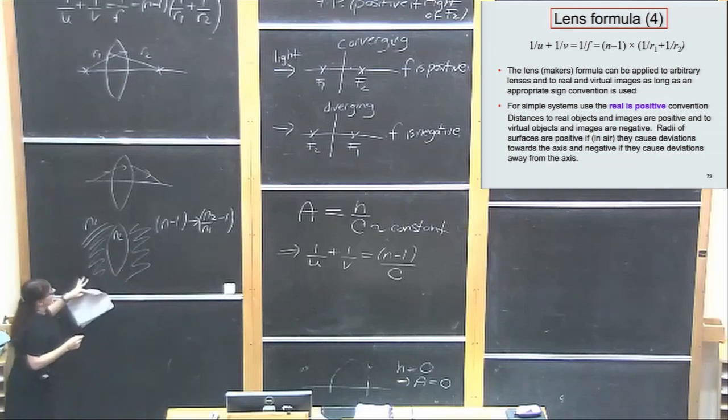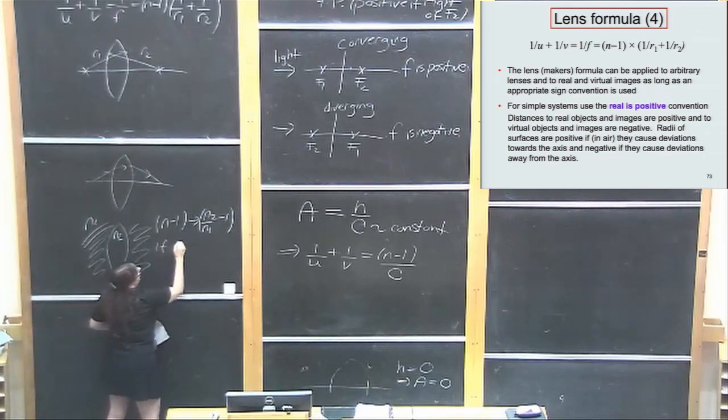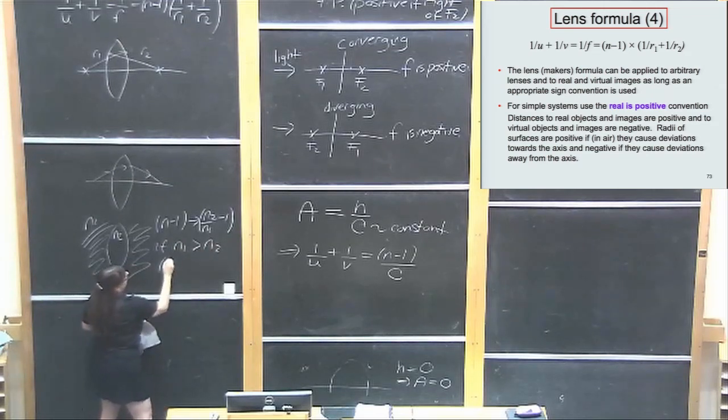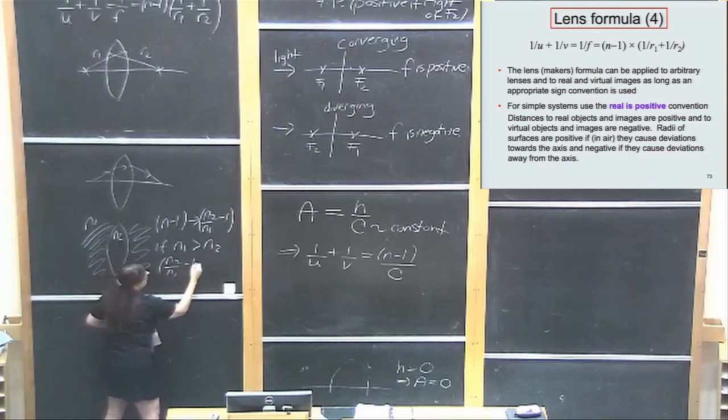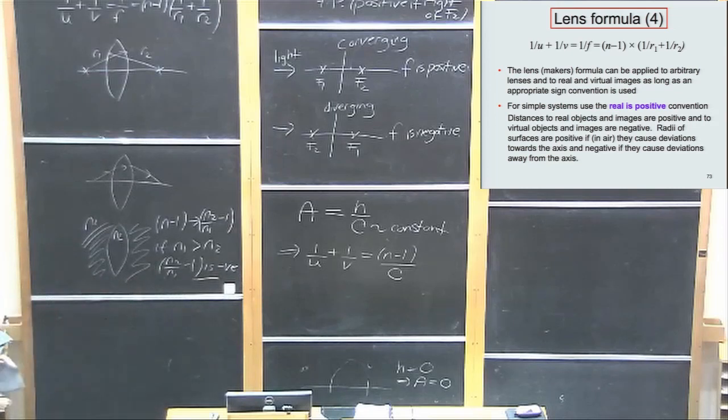Now the thing is, if I had this situation where N1 was greater than N2, then that, of course, is negative. So what that is going to do is flip the sign of your focal length. What you don't want to do is flip the sign twice.